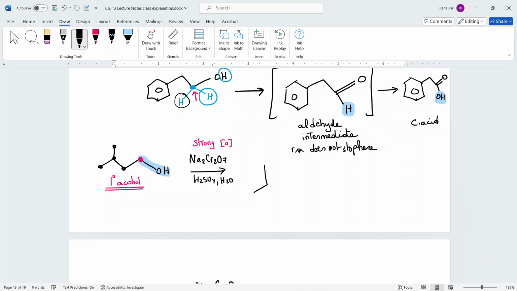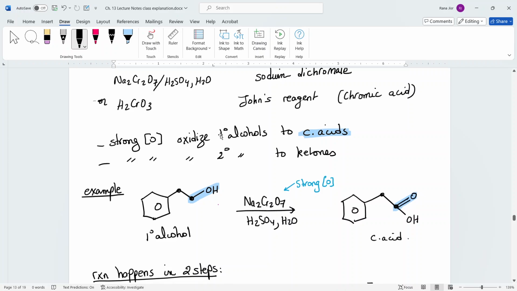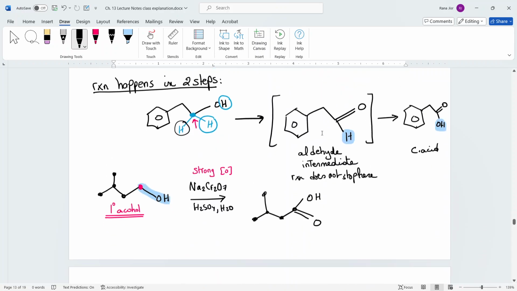So I'm starting with an isopropyl in there, and then I do have a carbon next to the isopropyl, and then I have another carbon. Now on this carbon, I'm going to do a double bond in there and an OH. Okay, see what I did? On that carbon here, I'm going to change the alcohol into an acid. I did not add any additional carbon in there. So again, primary alcohols, strong oxidizing agent, your product is a carboxylic acid.